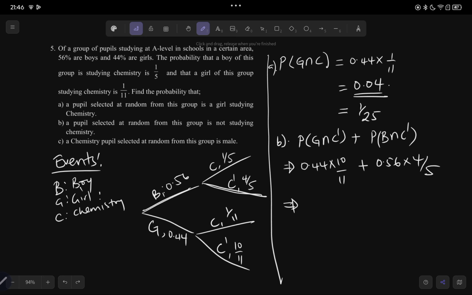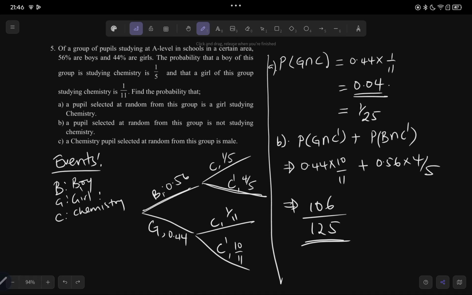And the answer we are getting is 106 over 125. That is when we add those two. Correct. Then lastly, part C.